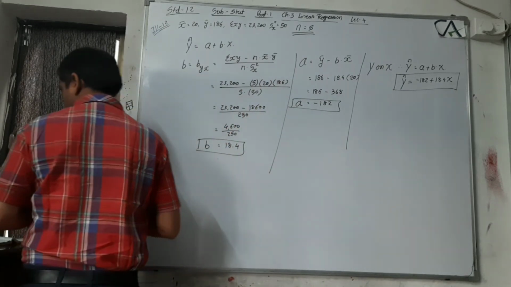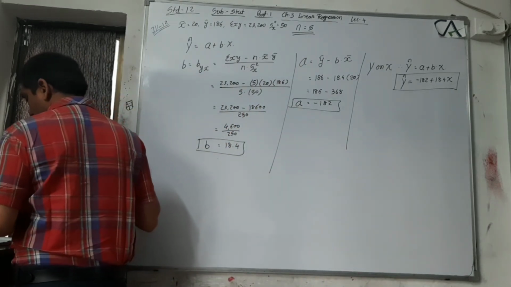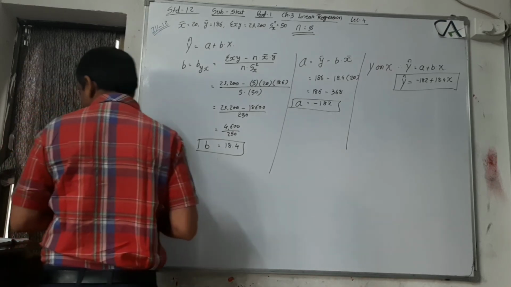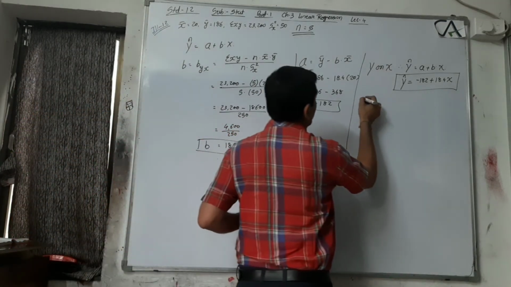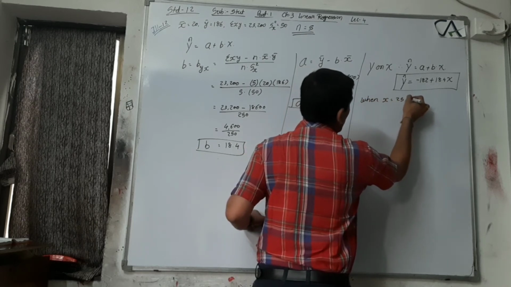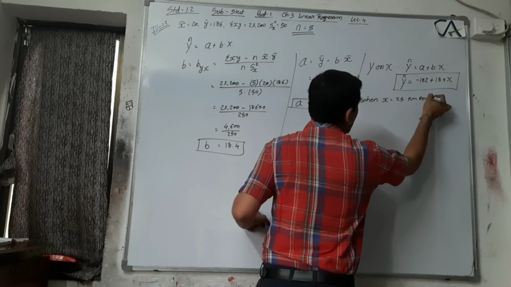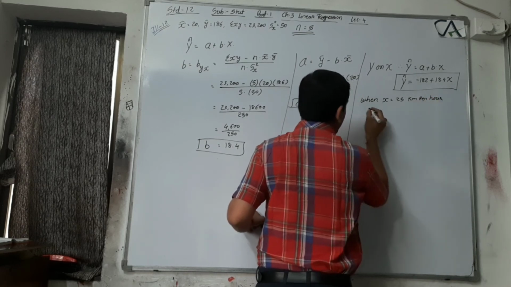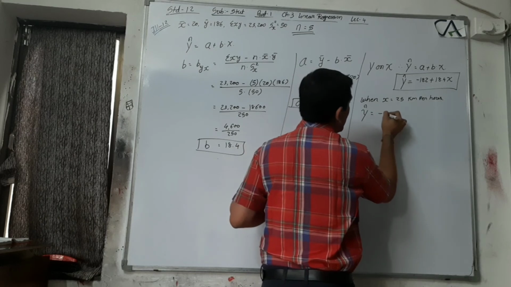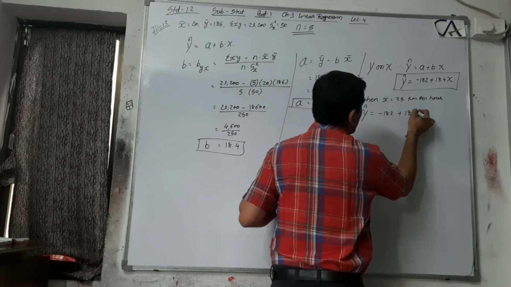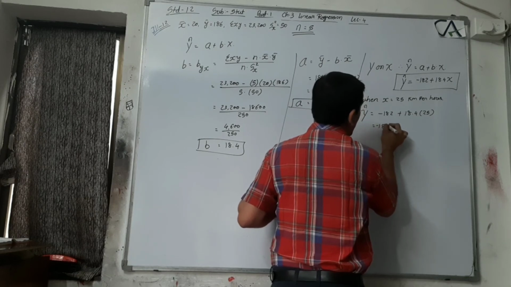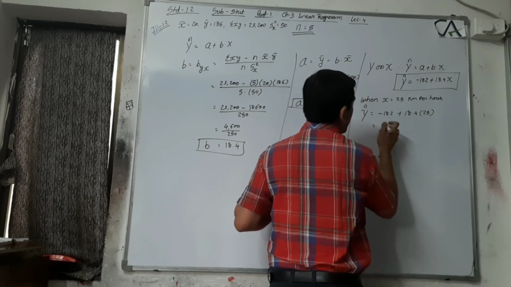Now, another question: estimate the electricity generation if the velocity of wind is 25 km per hour. When x is equal to 25 km per hour, then what is your y cap? y cap is equal to minus 182 plus 18.4 into 25. Make the calculation in your calci.